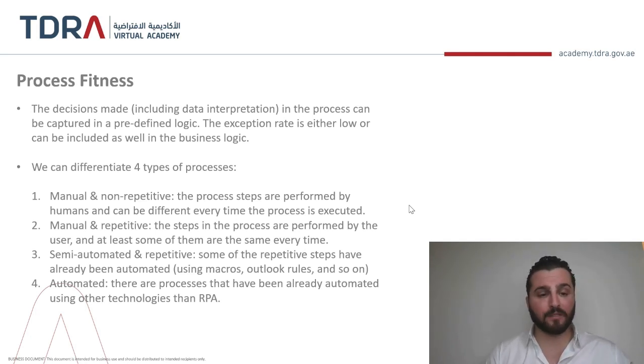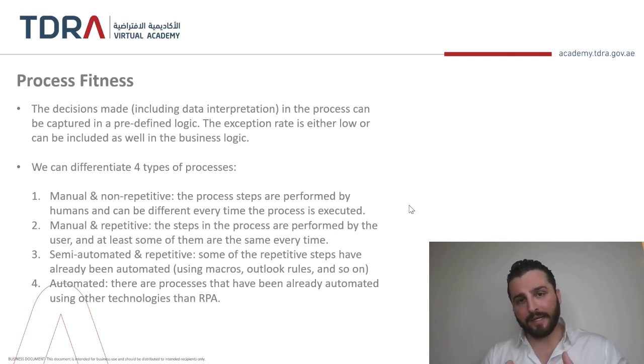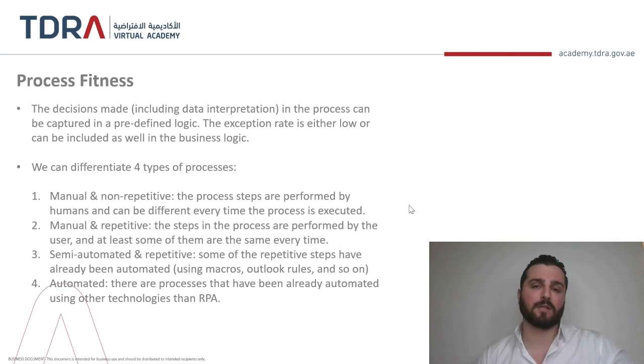So we have manual repetitive and semi-automated, and these two are high in prioritization. For the automated type, this kind of process has already been automated, so we can use RPA to optimize this technology. So for the first one, we need to enhance. For the second and third, we need to put them directly into RPA and start the implementation process. For the automated part, we're going to optimize the processes.